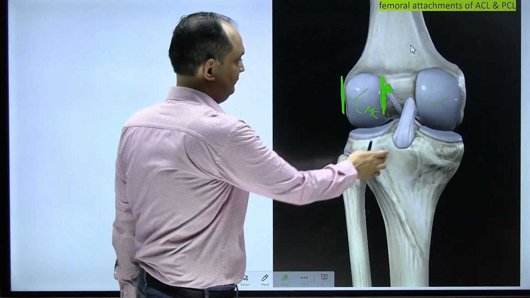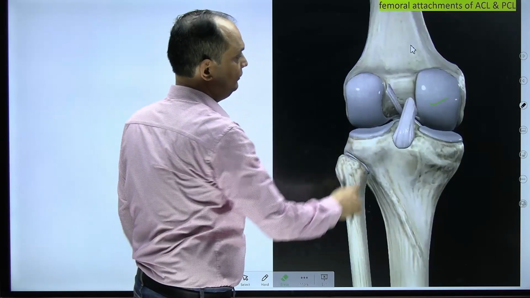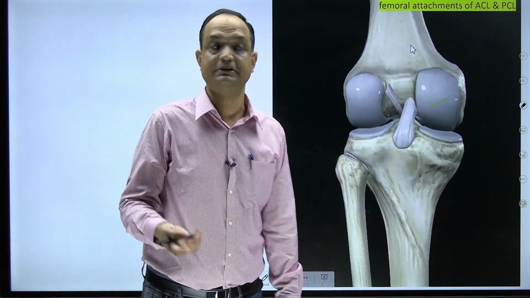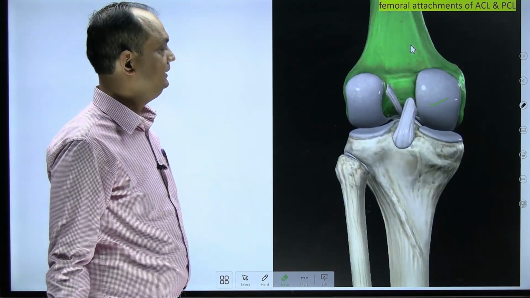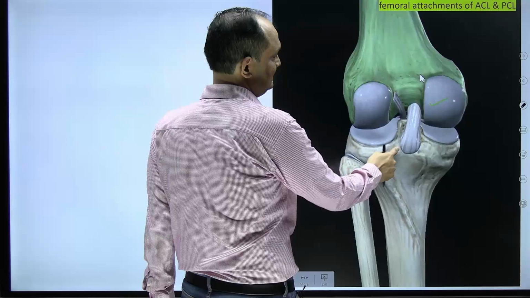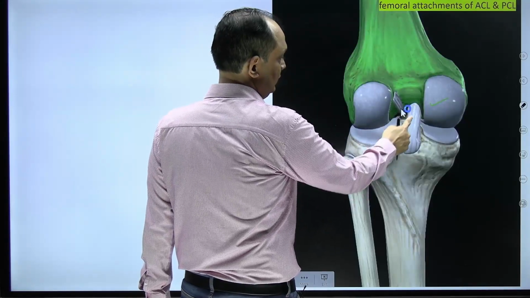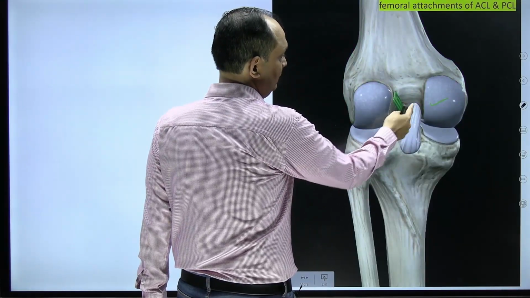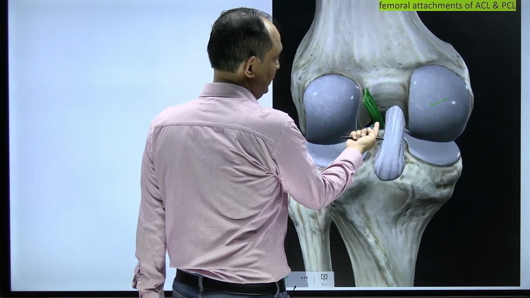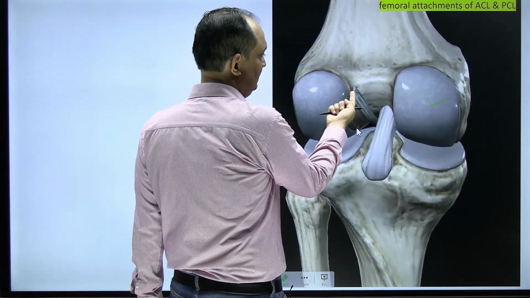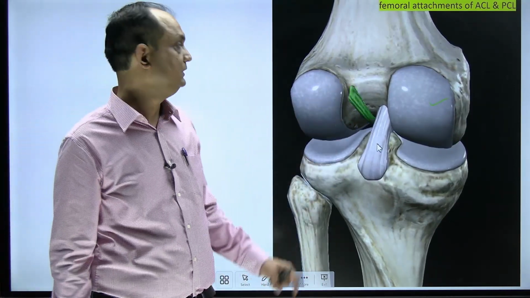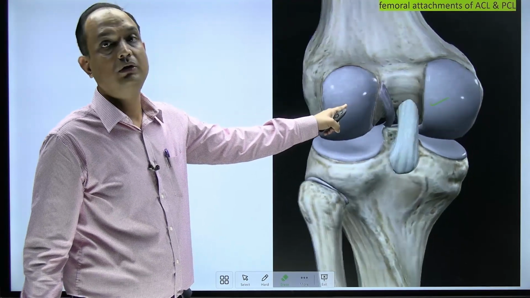The second thing is that the attachment of your posterior cruciate ligament is in the reverse direction. Here, if you see these two attachments, this is the direction of your posterior cruciate ligament, forward, and this is the lower attachment of the ACL, which goes in the backward direction and takes attachment on the medial surface of the lateral femoral condyle.